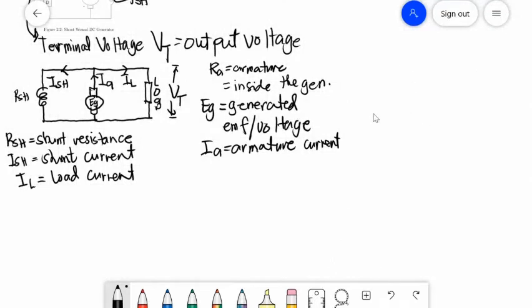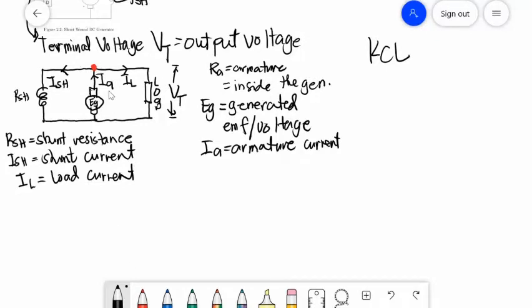From your circuits course last semester, you encountered the term KCL, right? Kirchhoff's current law. From this node, we can formulate KCL.